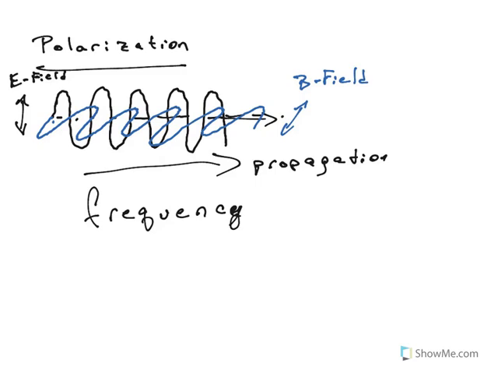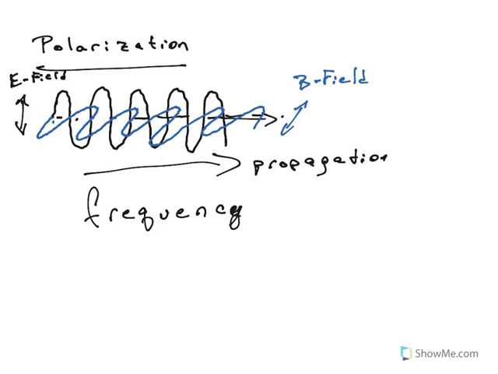Well, another characteristic of light is called polarization, and all it is defining the direction that the electric field oscillates. The way I drew it in this picture, the electric field is oscillating up and down. It's the black wave. But that was a choice. It didn't have to be up and down. It could have been at an angle. It could have been left and right.